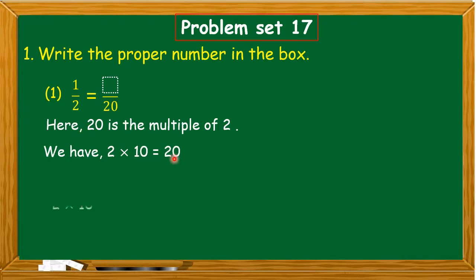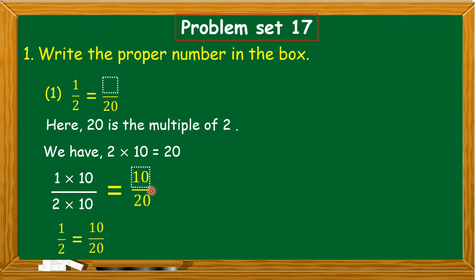Since we multiplied the denominator by 10, we also have to multiply the numerator by the same number to get the missing number. So here we got the missing numerator as 10. So we write 1 upon 2 is equal to 10 upon 20.